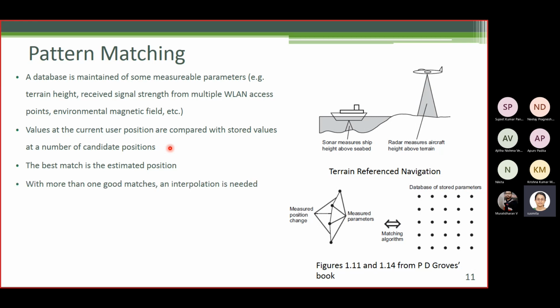What if we have multiple good matches? If we have more than one good match, then we need to do some interpolation and use a weighted average of all these good matches to find the user position.